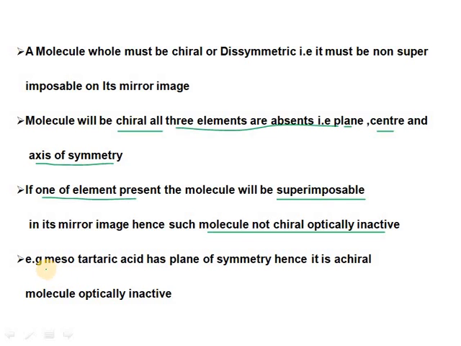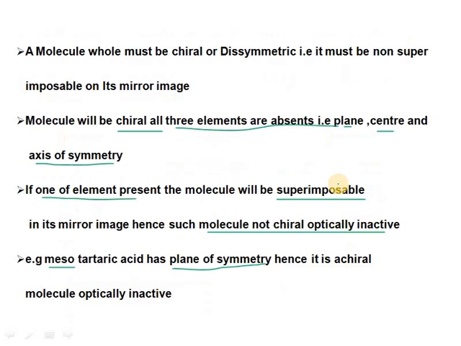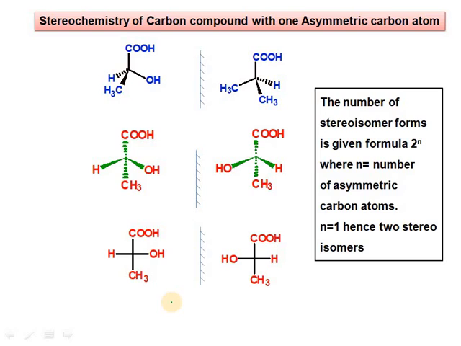For example, meso tartaric acid, which we have seen, has a plane of symmetry. We have seen in previous slides that meso tartaric acid has a plane of symmetry and therefore it is optically inactive. Hence it is achiral, an optically inactive molecule.